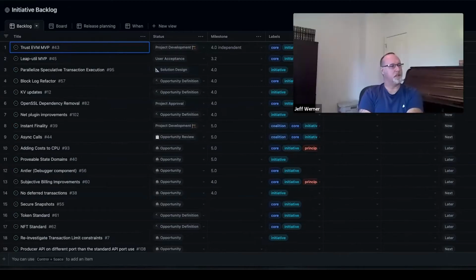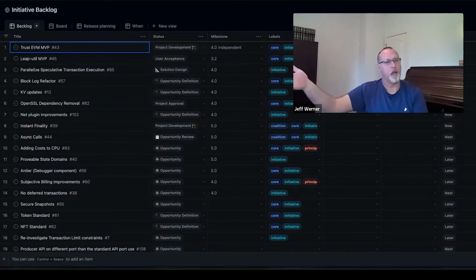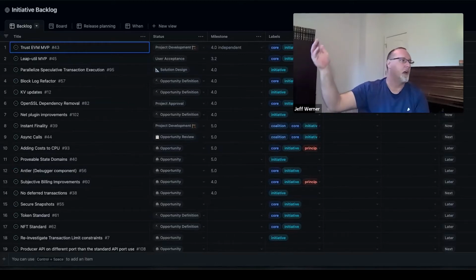Yeah, because you can see even this view right here where he's got the coalition tag. What Antelope's doing, right? That's the priority for all of the chains, which we influence, but that doesn't lock us into stone. We want to try to keep aligned with it. So in some cases, if our resources are the ones that are working on it, REG on instant finality is a good example of that.